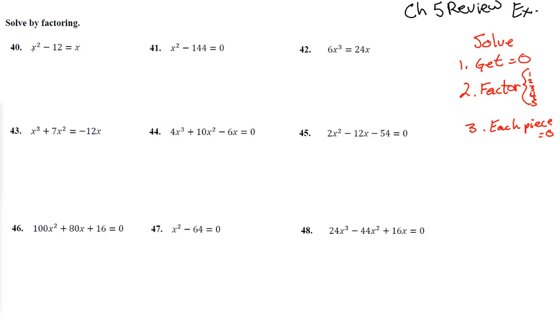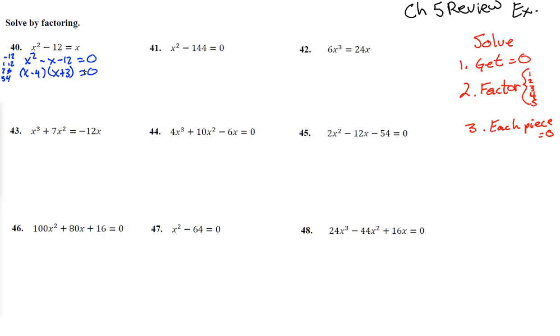All right, so number 40, let's get it equal to 0. So we have x squared, subtract the x over, and we're left with x squared minus x minus 12 equals 0, because we've got to get it equal to 0. Then we factor. This is leading coefficient 1, so it's a fast one. X and an x, what times to a negative 12, that's a 1 and a 12, or a 2 and a 6, or a 3 and a 4, that adds to a negative 1, that's minus 4 and a plus 3.